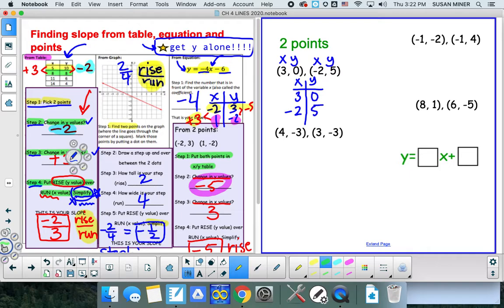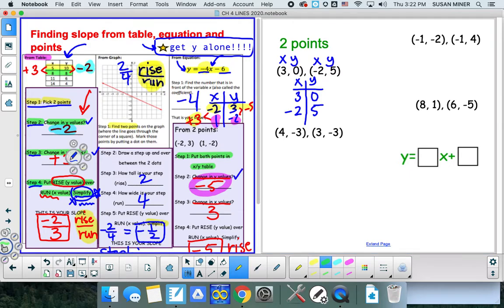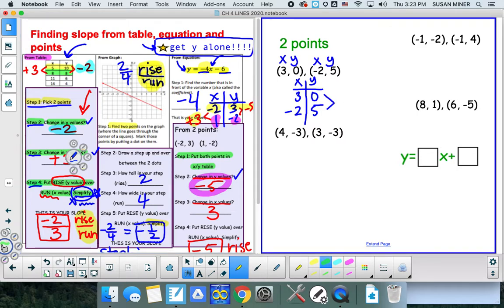Once I have my 2 points on a table, I just go ahead and do the same steps that we were doing before. I find the change in my y values. So from 0 to 5, I increased by 5. And from 3 to -2, I decreased by 5. Now remember, I can check my work.